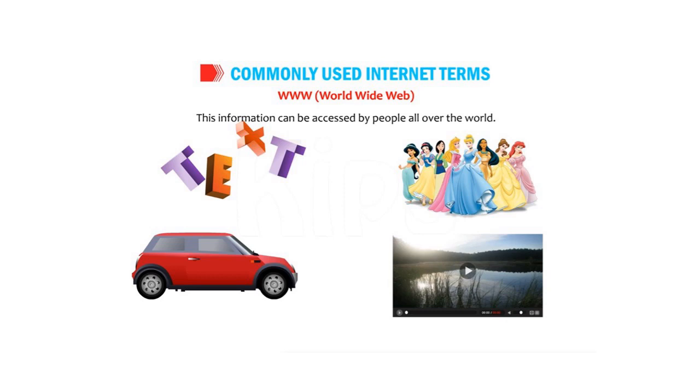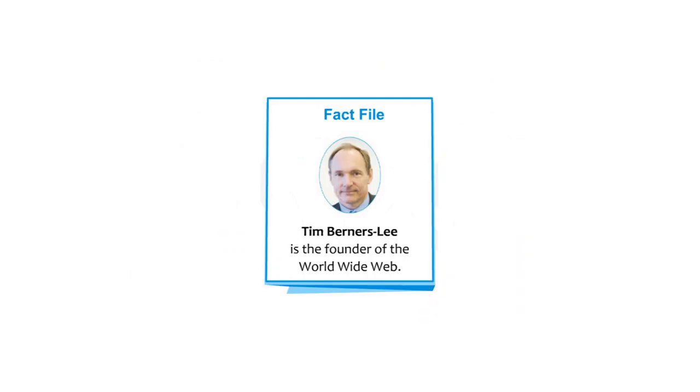This information can be accessed by people all over the world. Children, do you know who was the founder of www? Yes, Tim Berners-Lee is the founder of World Wide Web.